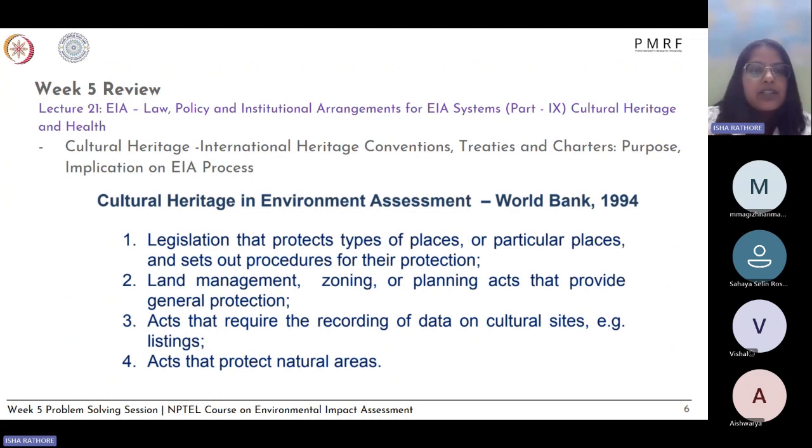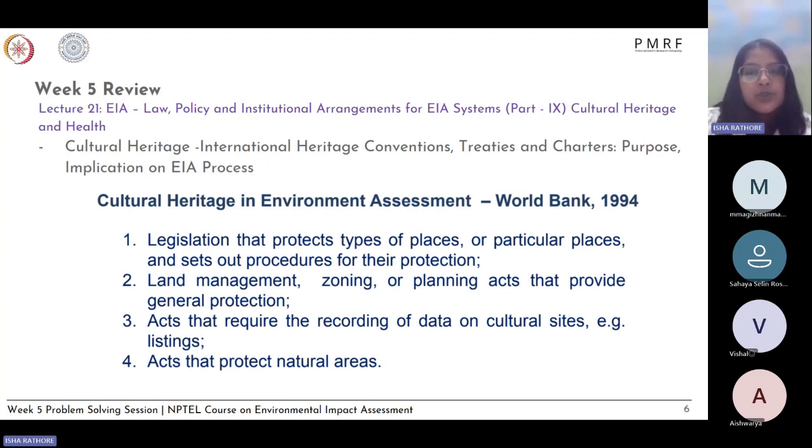So we first looked at the cultural heritage and environmental assessment, which was defined by the World Bank in 1994. So there are four key features of this cultural heritage assessment. The first is legislation that protects types of places or particular places and sets out procedure for their protection. So, identifying and having legislation in place for cultural heritage places.